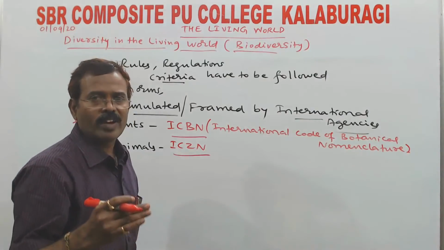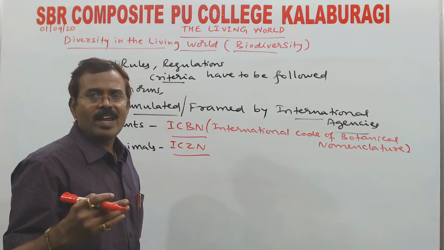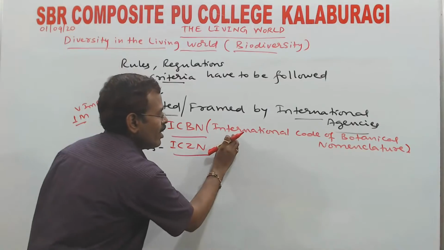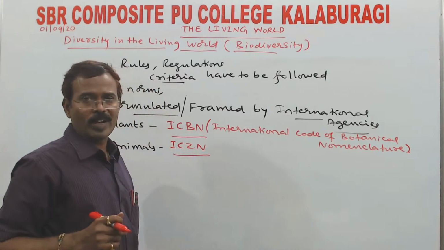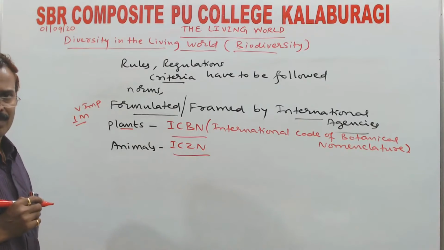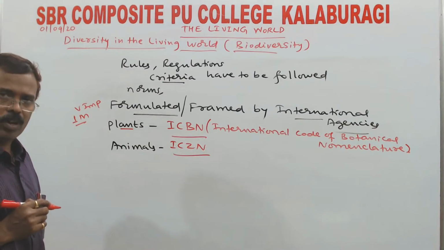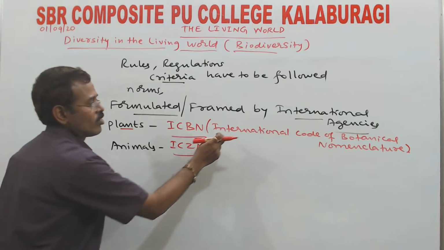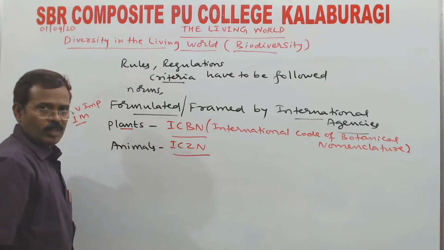So the rules and regulations given by an international agency, the International Code of Botanical Nomenclature, are for scientific naming of plants. We are following the rules and guidelines given by ICBN.